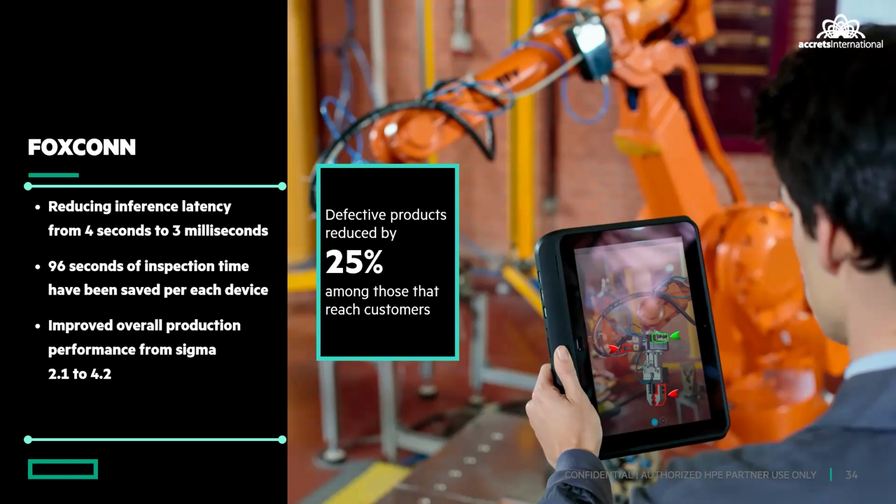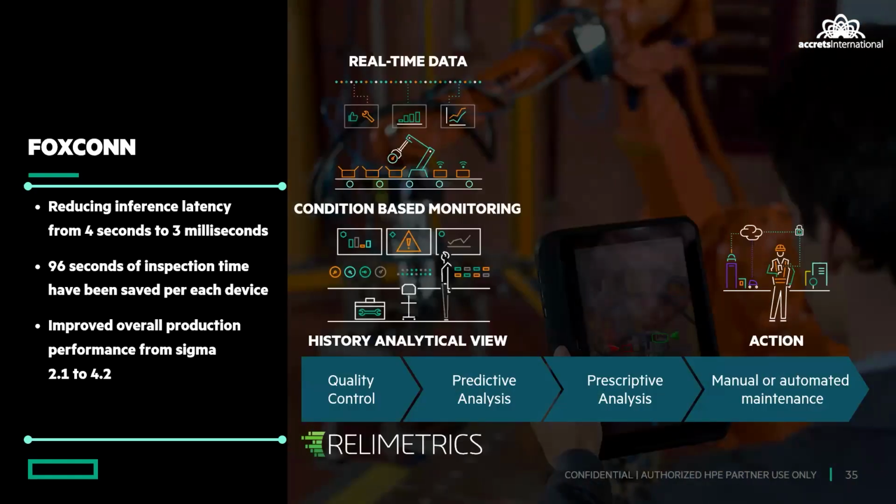This is one of the use cases that we worked out together with Foxconn, which is also one of our partners that manufactures our servers. This is doing their real-time data, so basically they use all the historical analytic views and images to compare the output of the current system before they send it out to the customers.